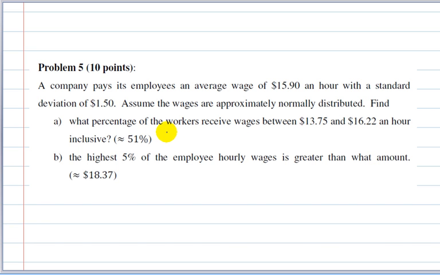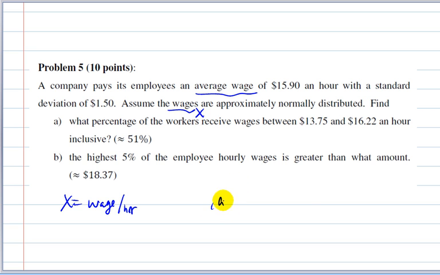I think the first one is fairly straightforward, and you can calculate that. What you need to do is let the wage equal x, the hourly wage.